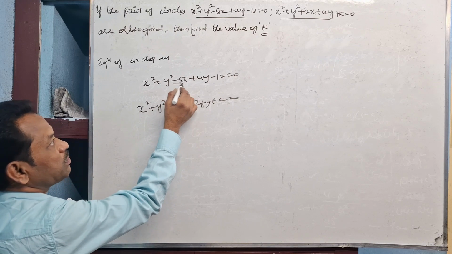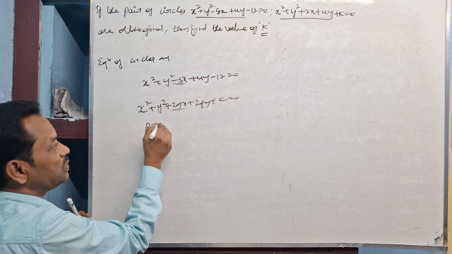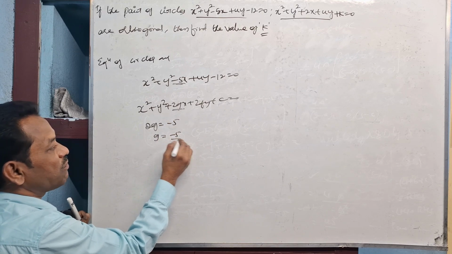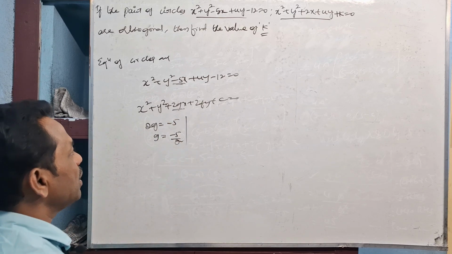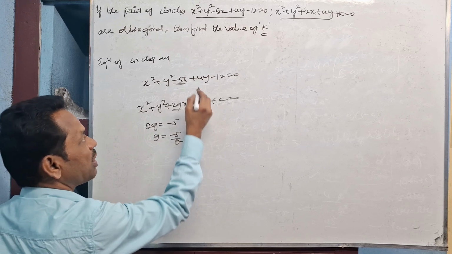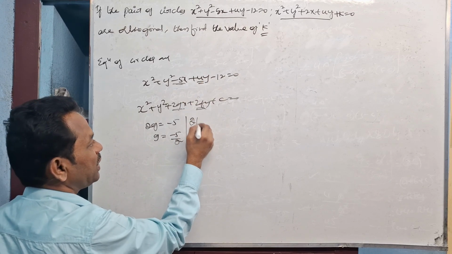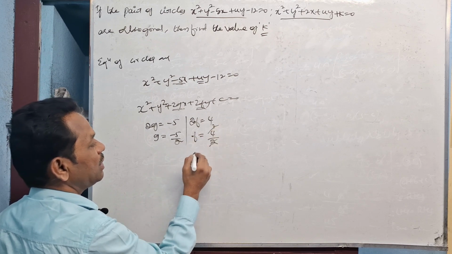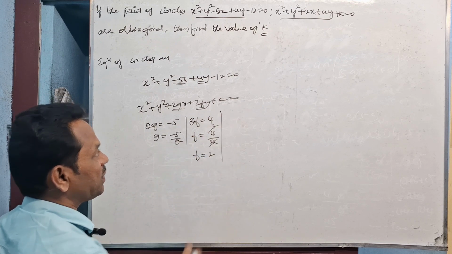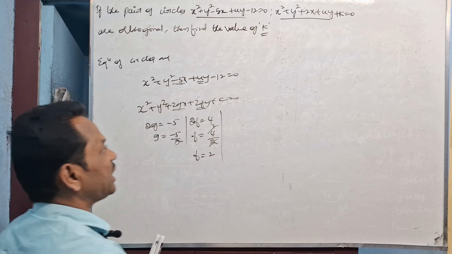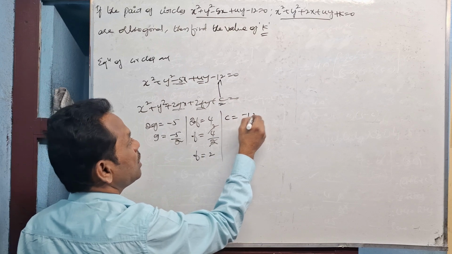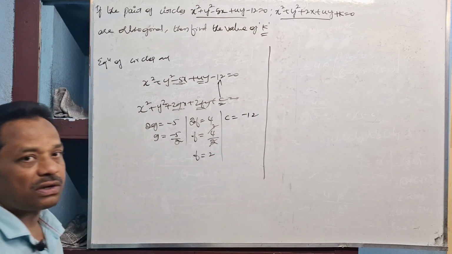The value of 2g is minus 5, so g will be minus 5 by 2. The value of 2f is 4, so f equal to 4 by 2, the value of f is 2. Now the constant c equal to minus 12. This is about your circle 1.